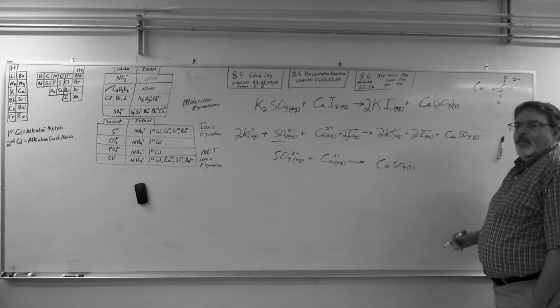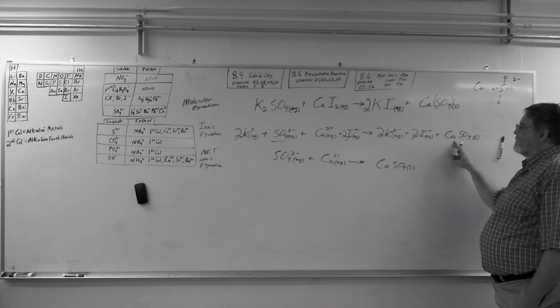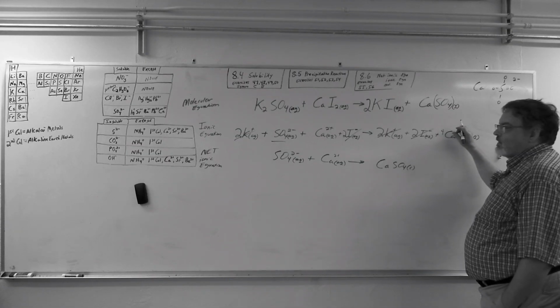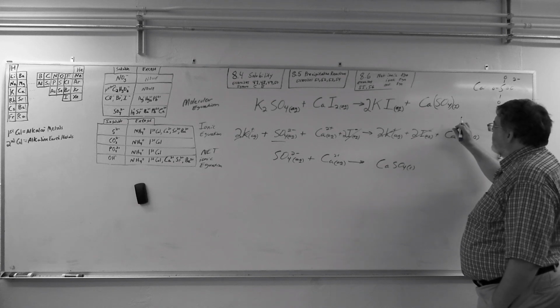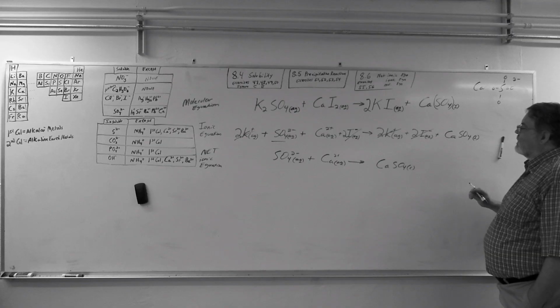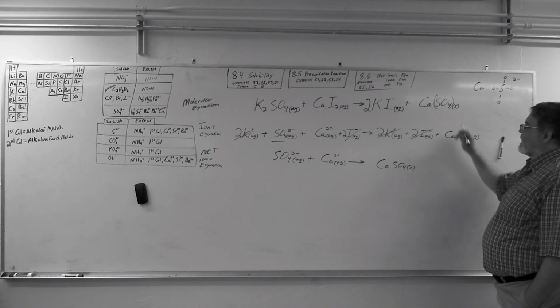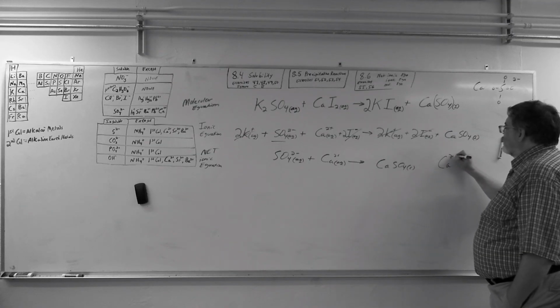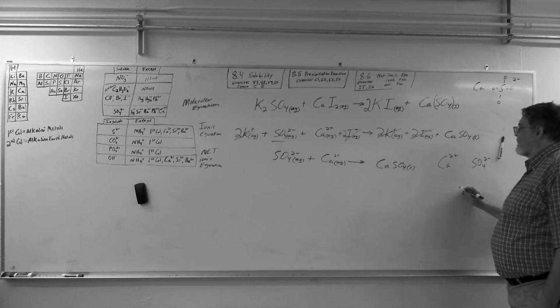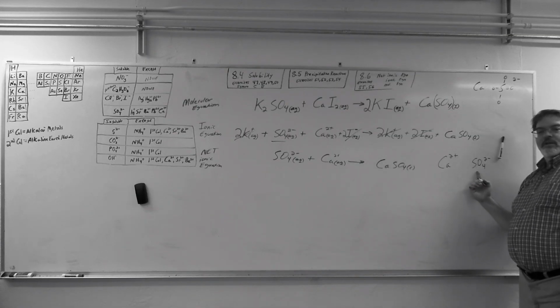I was just asking in the ionic equation, why is there not a 4 here? Because it's a solid, I'm never going to split it out. But if I did split it out, there would be one of these and one of these.